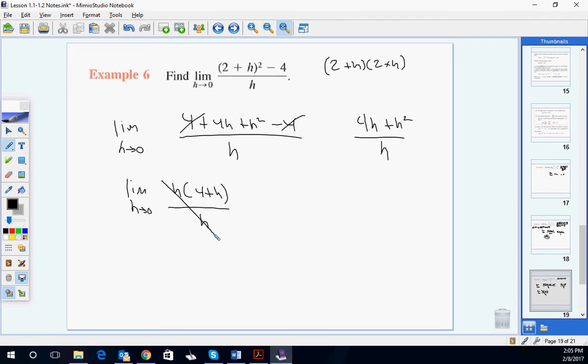That's what we're trying to do. And now I can evaluate that limit. Four plus 0 is 4. Okay, questions there? Not too bad. Okay, now we're going to get uglier.